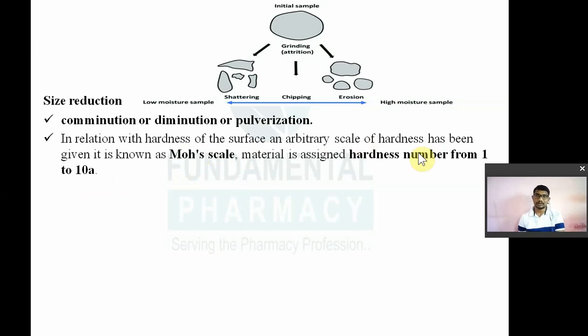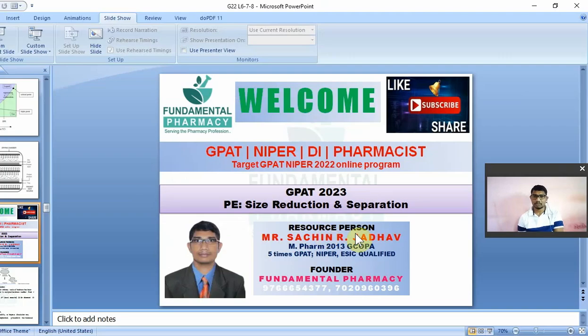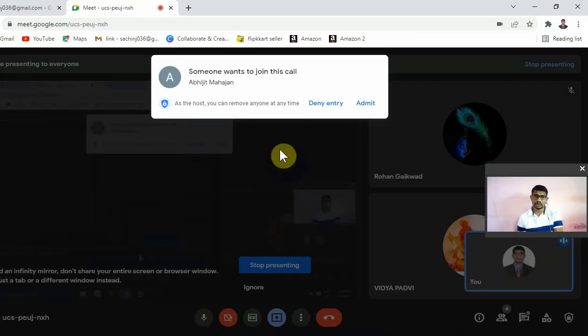And you know that material may be either soft material or hard material. Every material has its own hardness, every material has its own toughness. To describe that hardness or toughness, depending upon the hardness of the surface of the material, there is one scale known as the Mohs scale. The Mohs scale is an arbitrary scale for hardness, on which a material is assigned a hardness number ranging from 0 to 10 or 0 to 15.